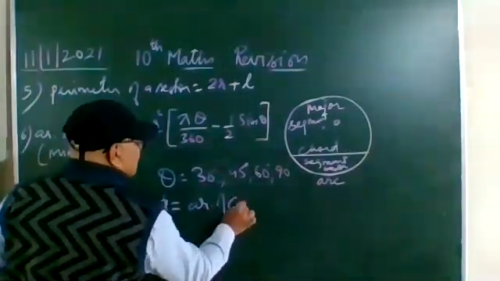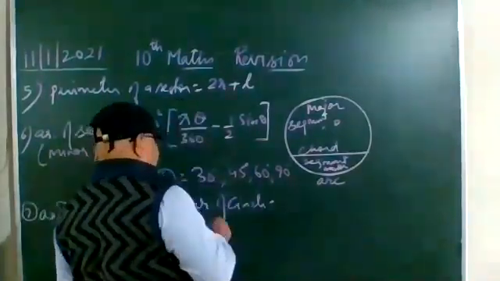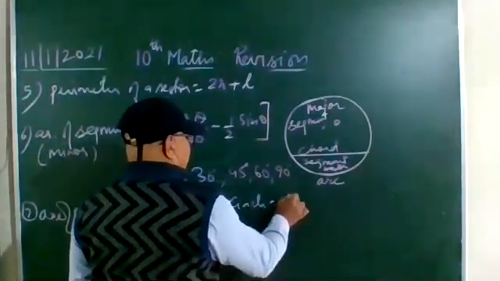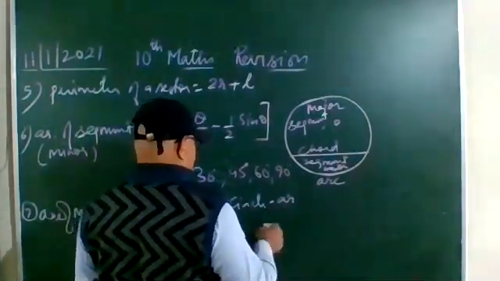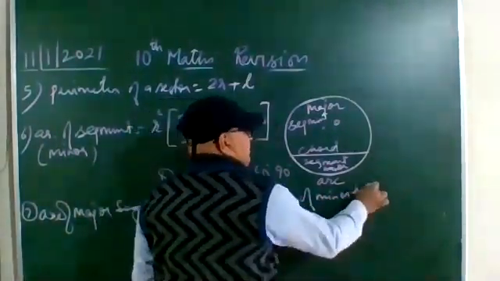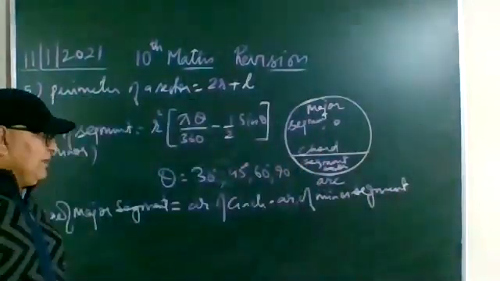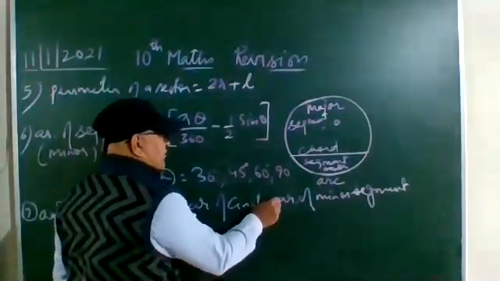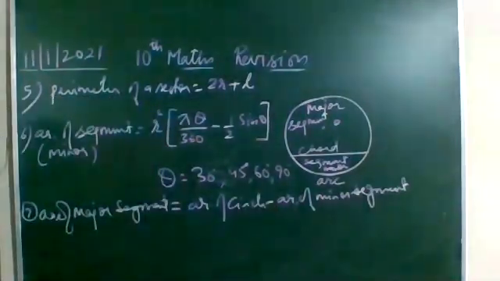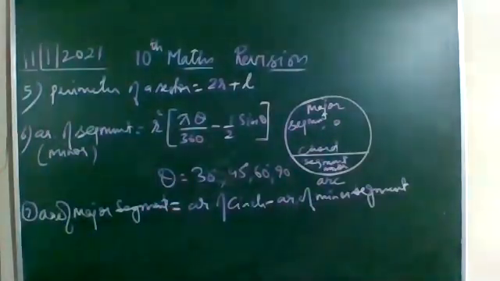Area of circle minus area of minor segment. So area of major segment equals area of circle minus area of minor segment.